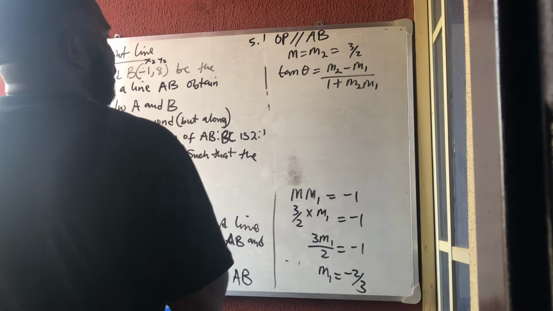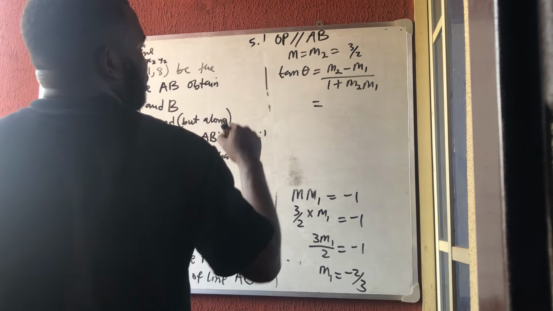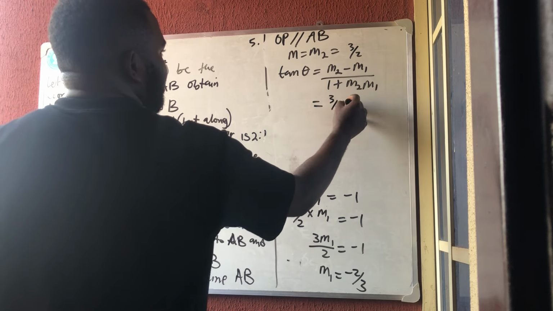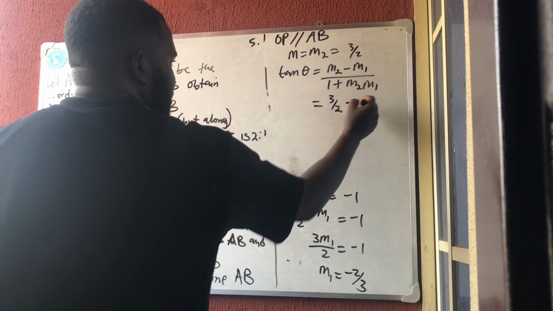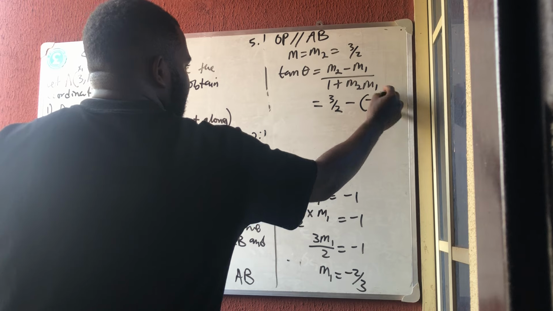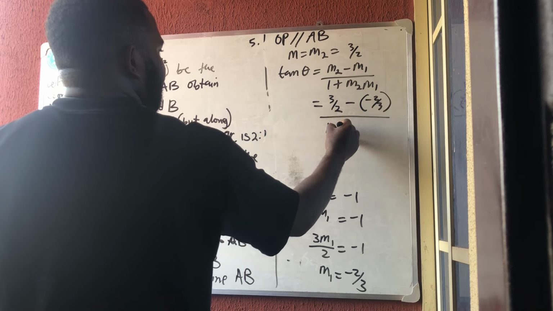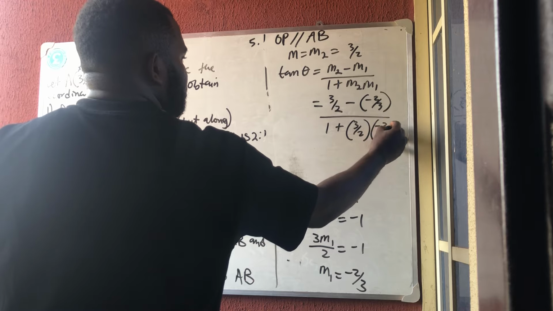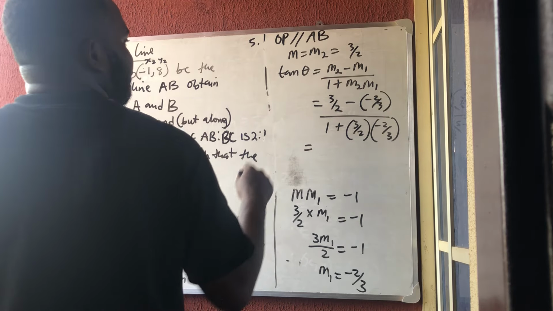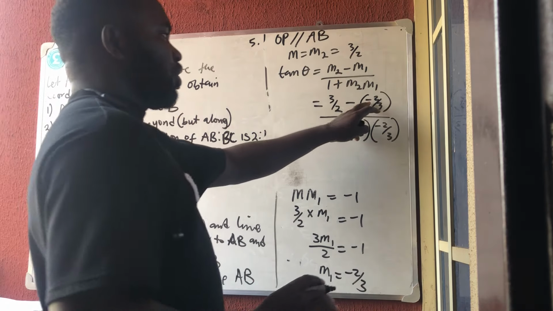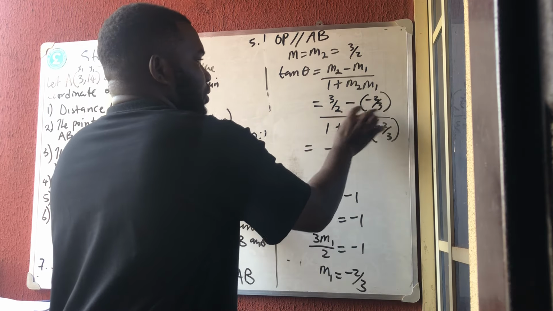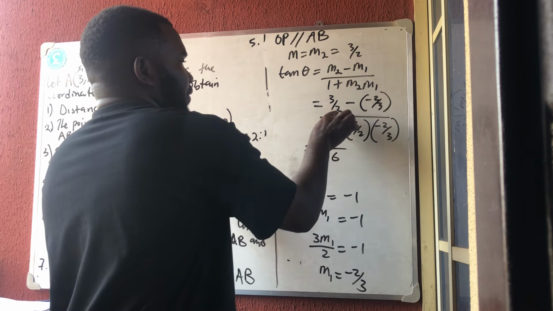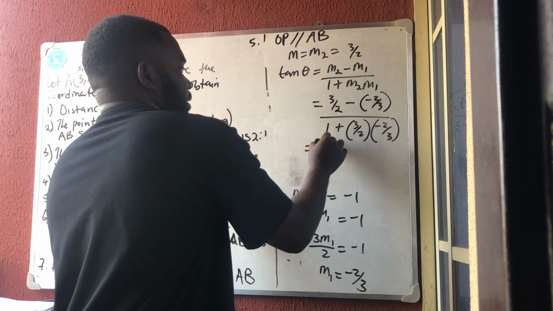So what do we do now? We're going to have M2, which is 3 over 2, minus M1, which is minus 2 over 3, all over 1 plus 3 over 2 times minus 2 over 3. Okay, so what do we have? This and this will give me plus. So the LCM of the numerator is 6. 6 divided by 2, 3, times 3, 9.